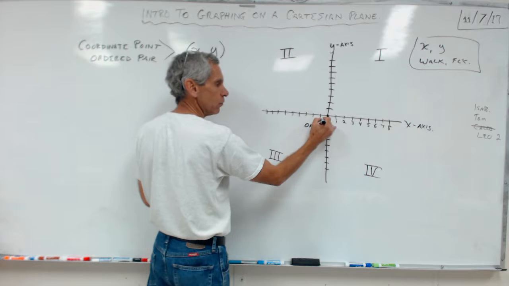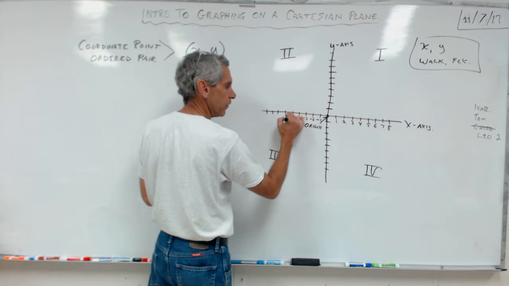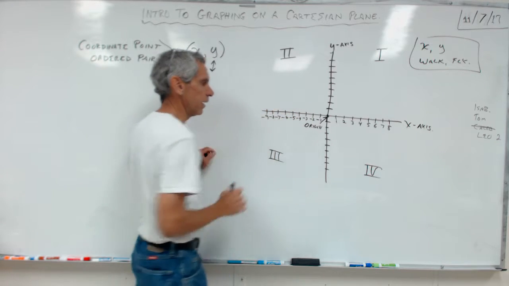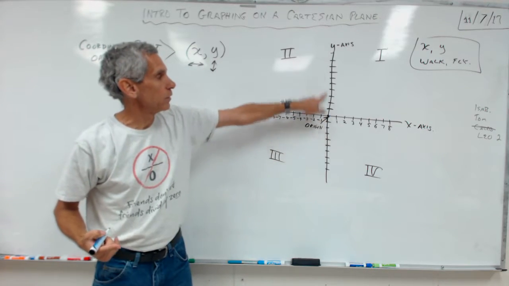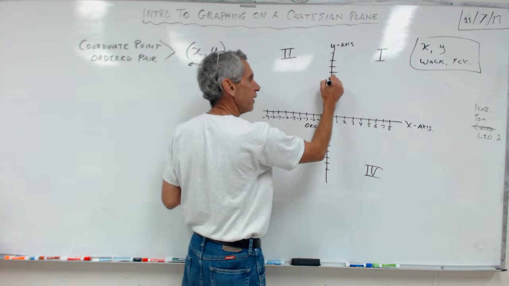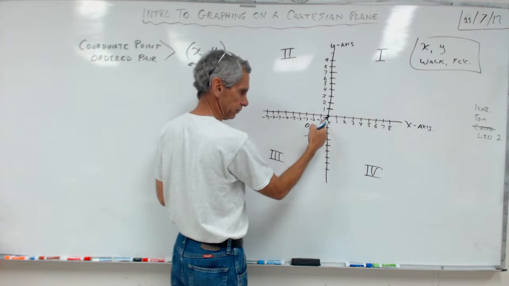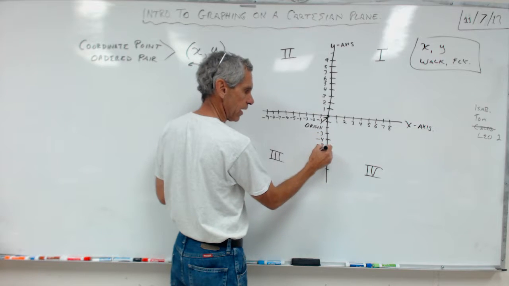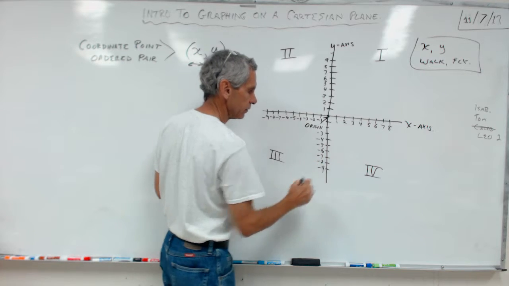This is -1, -2, -3, -4, -5, -6, -7, -8, -9. Going up from 0, from the origin, it's all positive: 1, 2, 3, 4, 5, 6, 7, 8, 9. Going down is negative: -1, -2, -3, -4, -5, -6, -7, -8, -9.